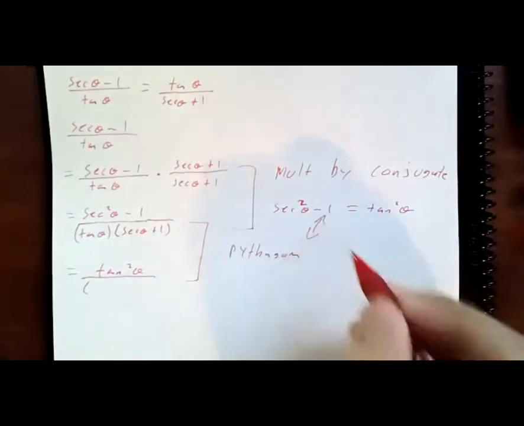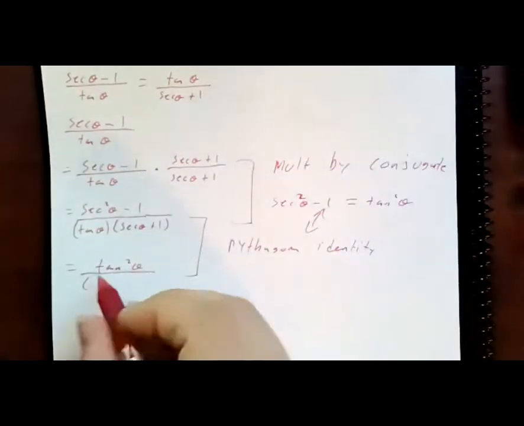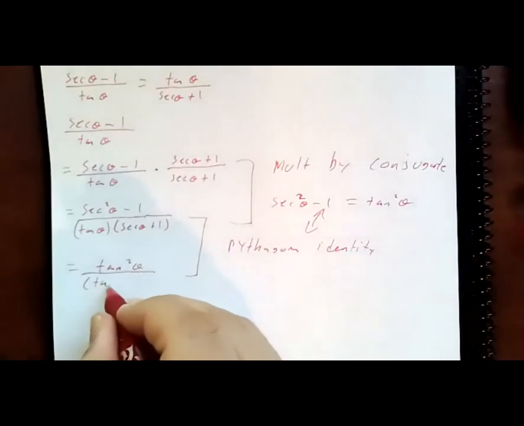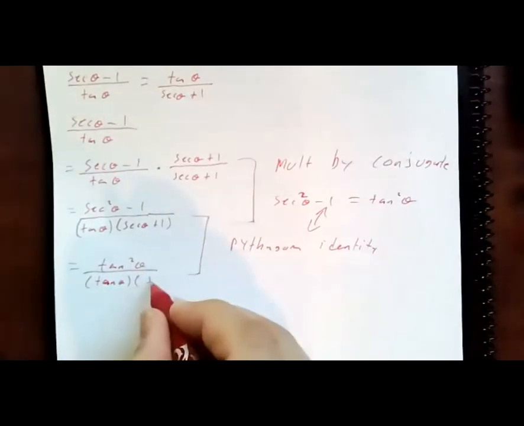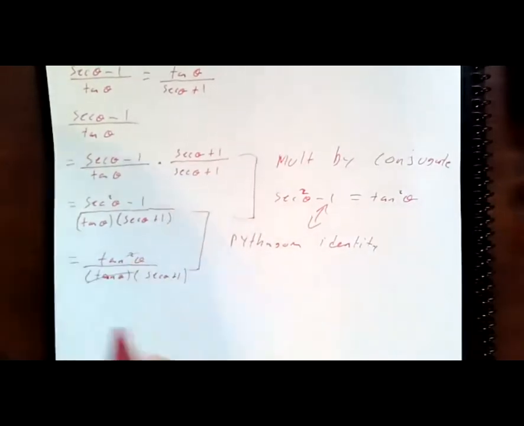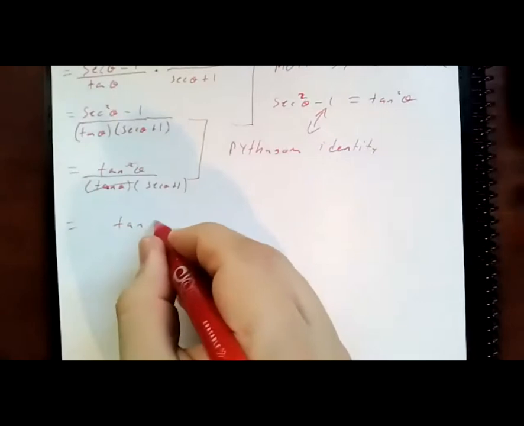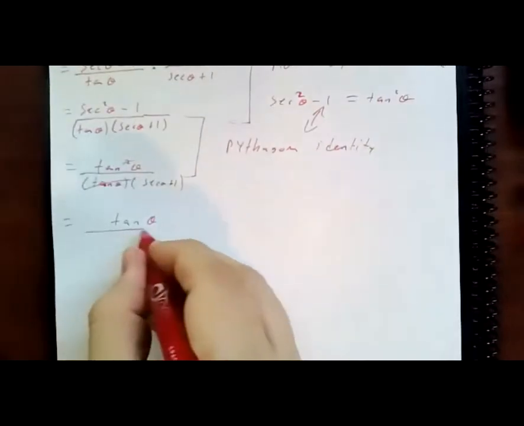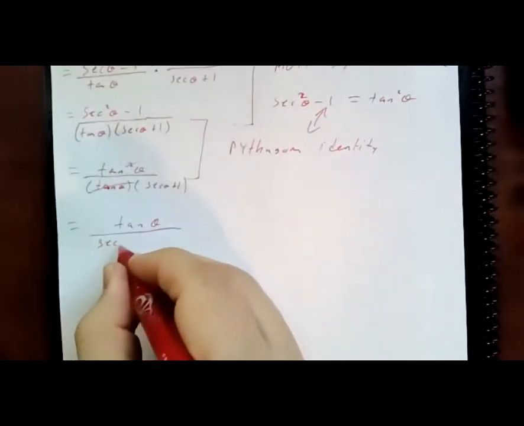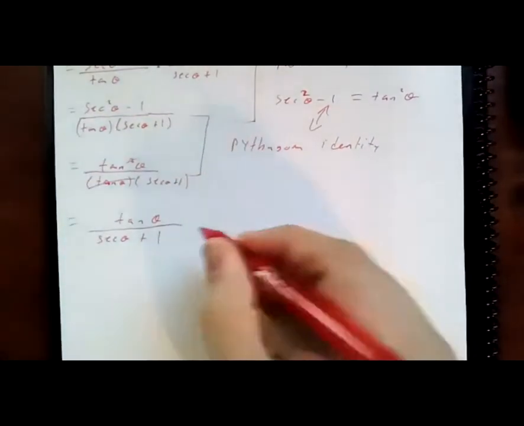That's what I used there. So it's tangent theta times secant plus 1. One of these tangents will cancel, leaving you with tangent theta over secant theta plus 1, which is what we wanted to show.